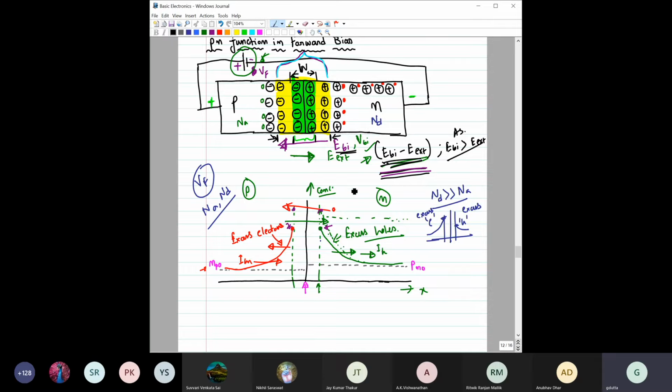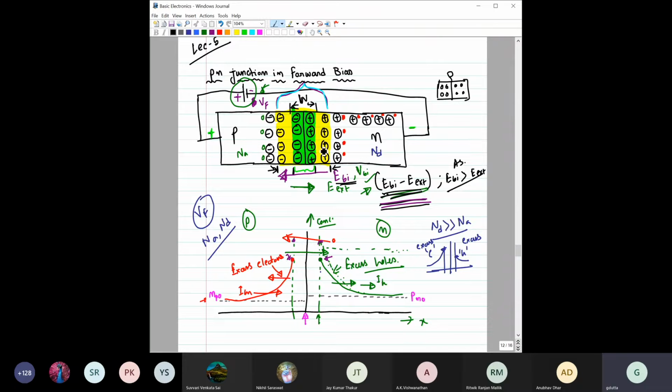Okay, you can think of it this way. Say you have lots of holes here and electrons on this side, and this is a gate with a valve here. You can pull this valve up a bit and make a small gap.